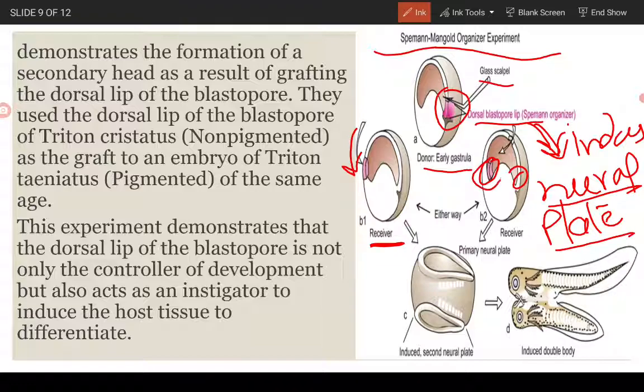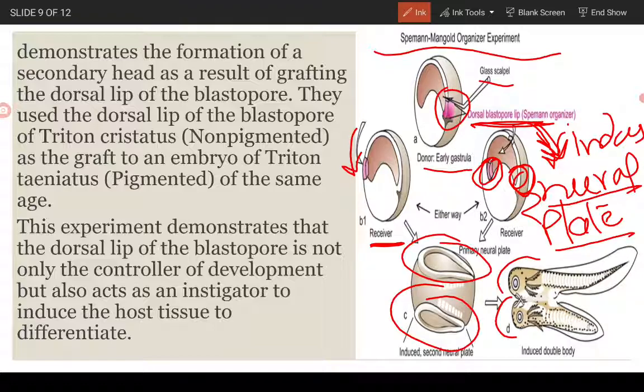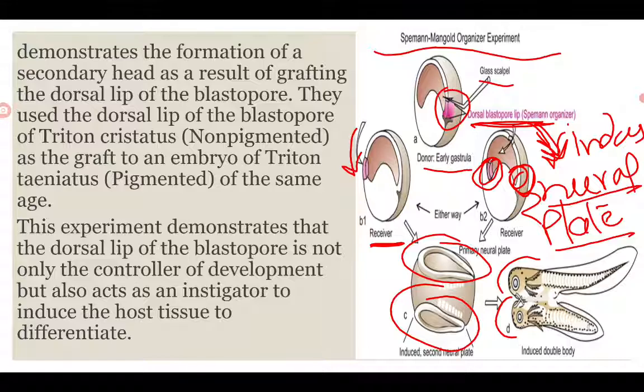So when a gastrula has two blastopore lips, it induces the formation of two neural plates. So two heads of the same tadpole occur. This is a strange kind of experiment, but it worked to demonstrate that the blastopore lip is an inducer.